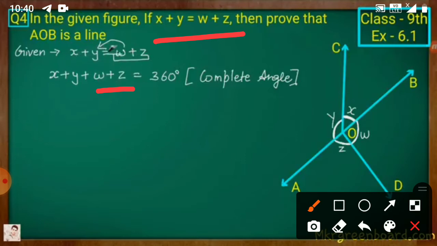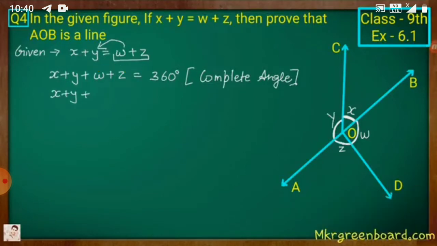Okay, in this w plus z place, x plus y we need to write here. x plus y plus x plus y equals 360. Now how many x are there? 2x, 2y. 2x plus 2y equals 360.